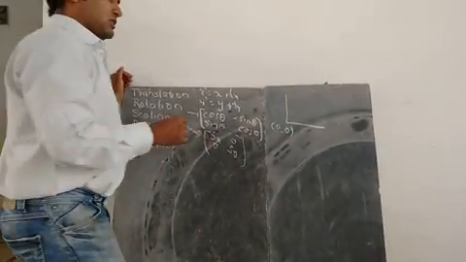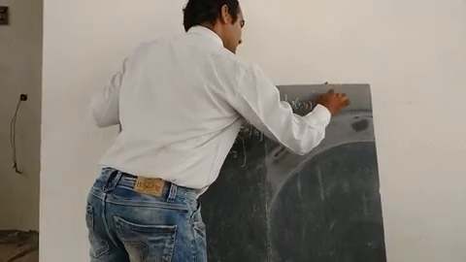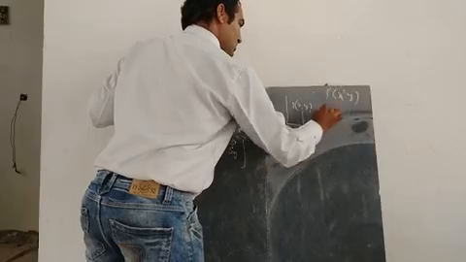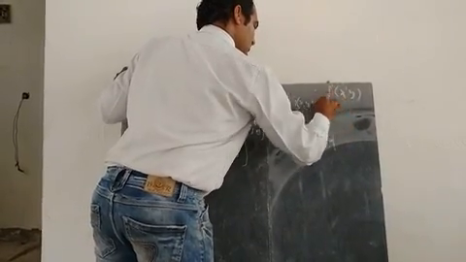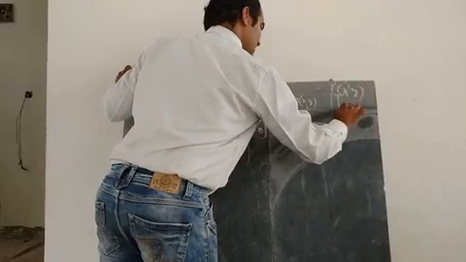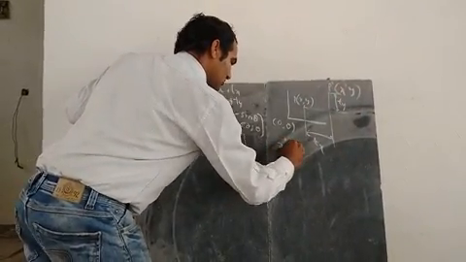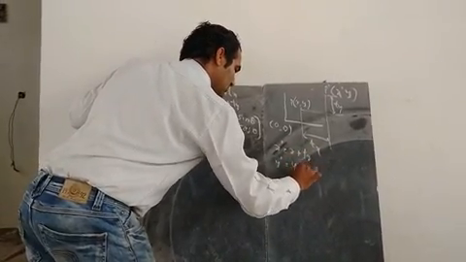So for example, translation: point P x y, P dash x dash y dash. We have considered this as tx and we have considered this as ty, and the equation was written x dash is equal to x plus tx, y dash is equal to y plus ty.